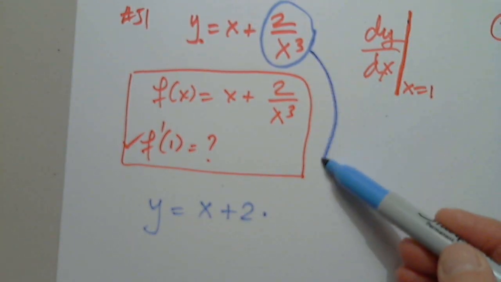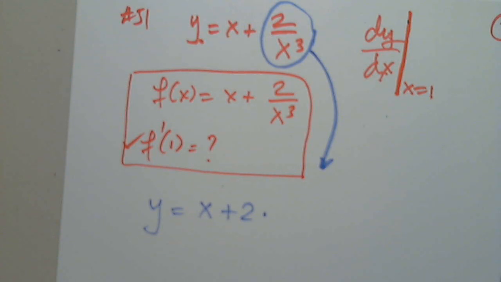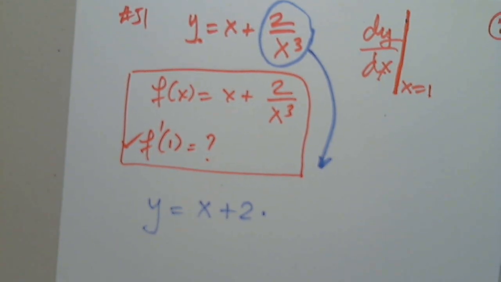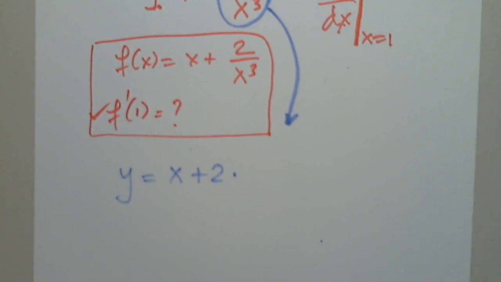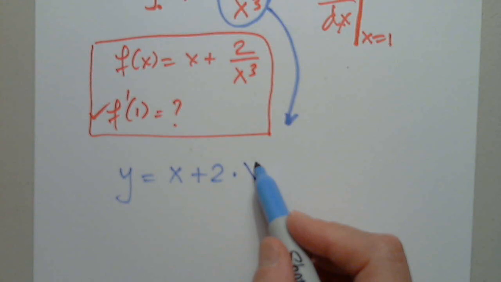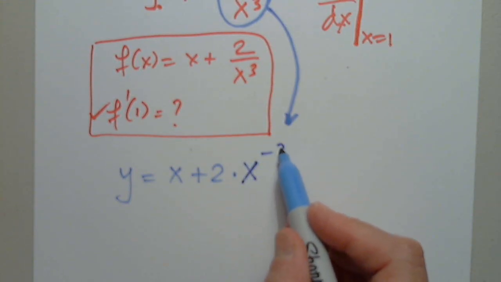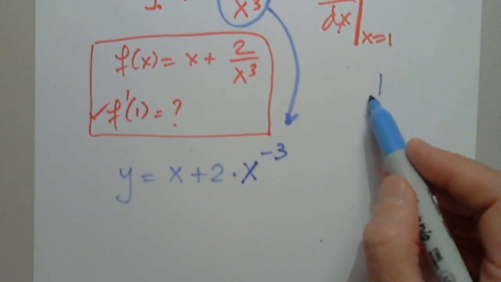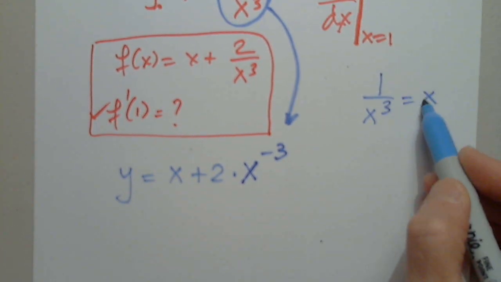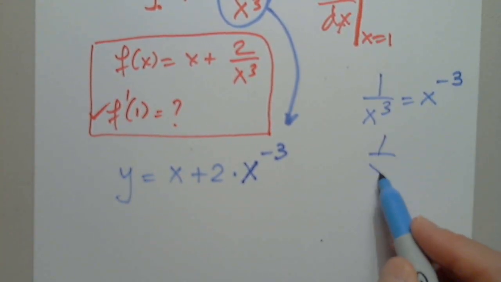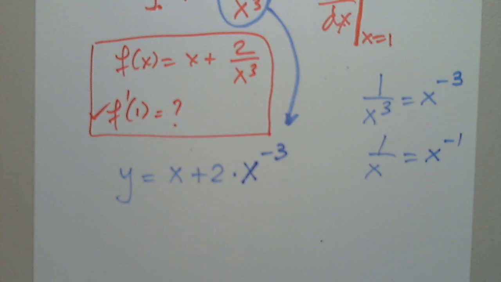We did a couple of examples already. So what is this? Is it negative... you mean x to negative 3. So one more time. 1 over x to the third is the same as x to negative 3. 1 over x is the same as x to negative 1.